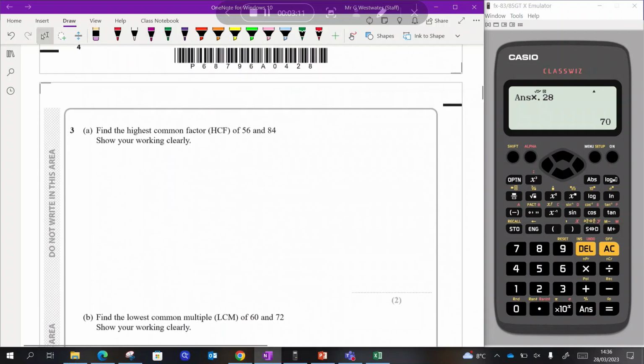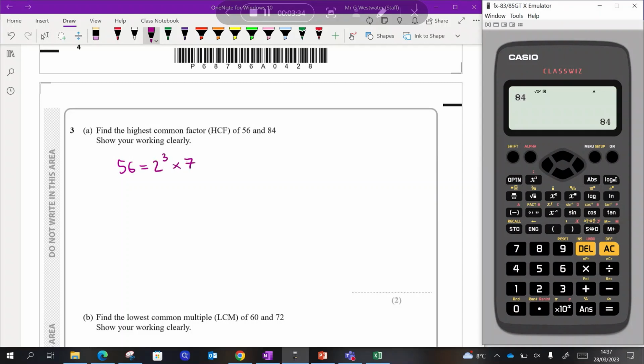On to question 3a. So find the highest common factor of 56 and 84. Show your working clearly. So what I'm going to do, and you can either use your calculator using the fact button, so I'm going to hit equals and then do shift fact to say that 56 equals 2 cubed times 7, and I'm going to do the same thing with 84, but you can use a factor tree as well.